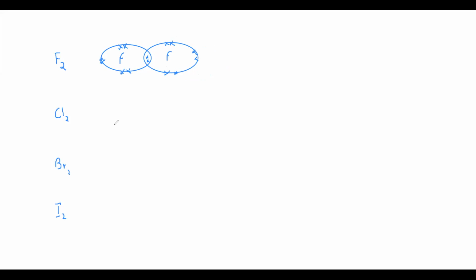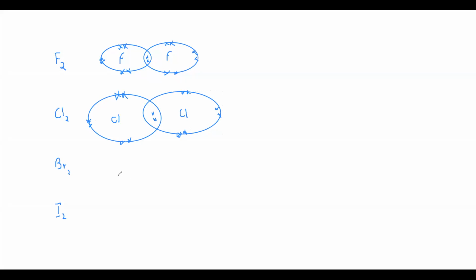Same thing with how chlorine exists. Chlorine atoms are larger in size as compared to fluorine. They also share a pair of electrons. So one shared pair is there and 3 unshared pairs are there, and they will have a covalent bond.